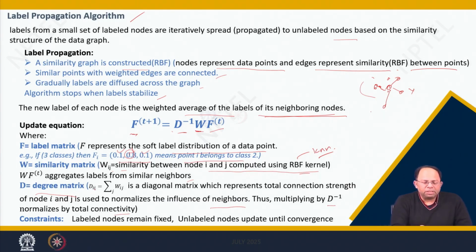So D is the summation of all the Wijs, right? For every similarity between 2 points, we are measuring the Wij value, right? This point to this point. But it is also normalized by the summation of all Wijs, all similarity values. So that is what is being done.